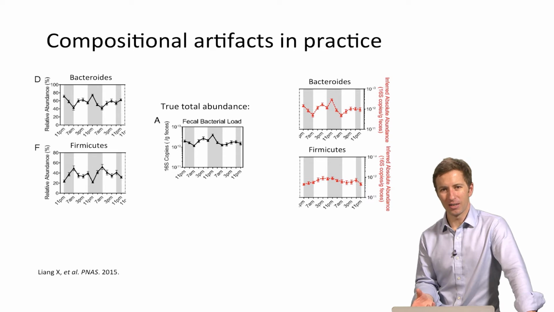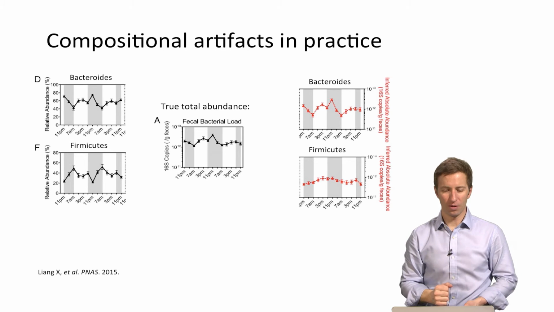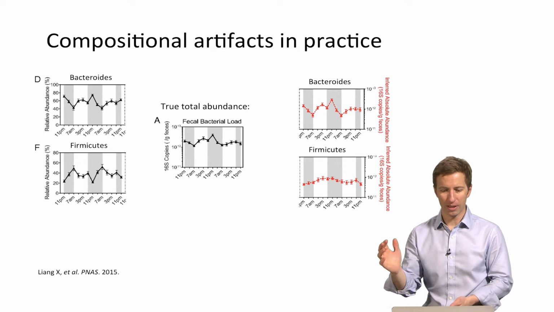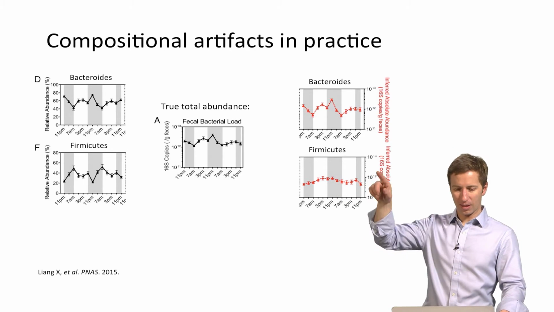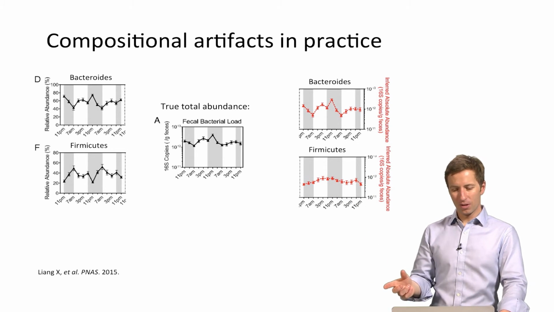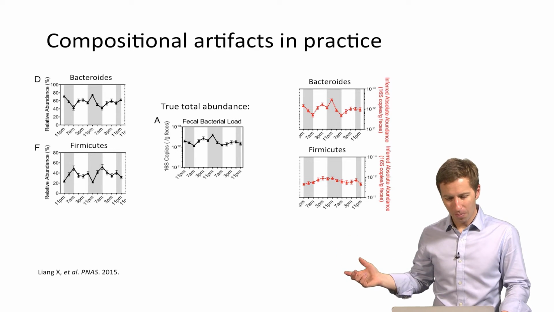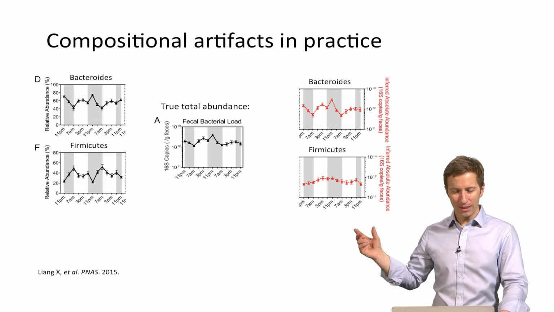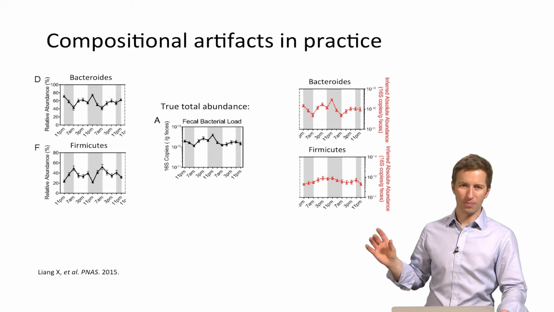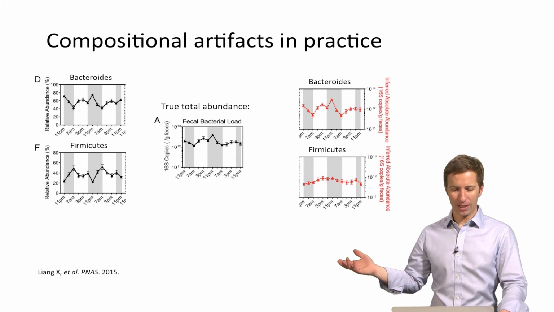It's the dominant bug, so it was taking up a fairly large fraction of the community no matter what the total abundances were. And you can see that it follows the same pattern. But Firmicutes, you can see here, is actually much lower abundance on average, and it has a completely different pattern when you look at its predicted or projected absolute abundance than when you look at the relative abundance.